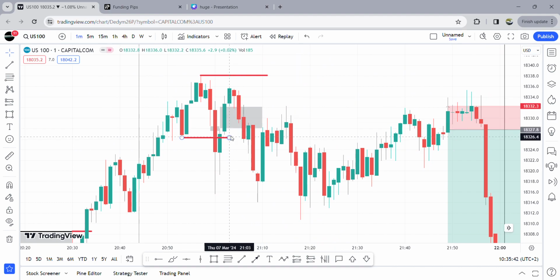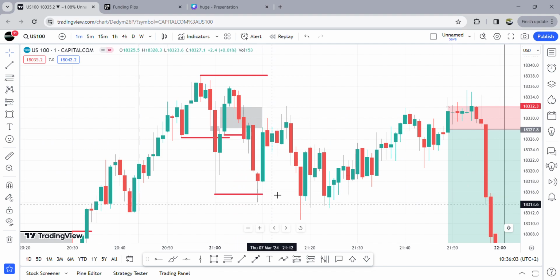Okay, so we've got this fair value gap up, and now we see this fair value gap is being broken, as well as this low. So the low of that candle is being taken out, as well as this low.